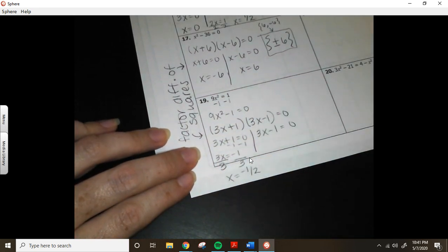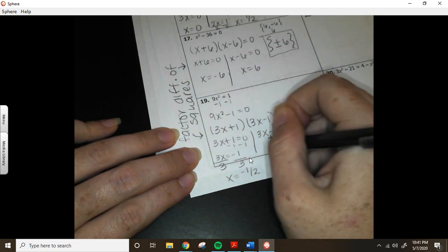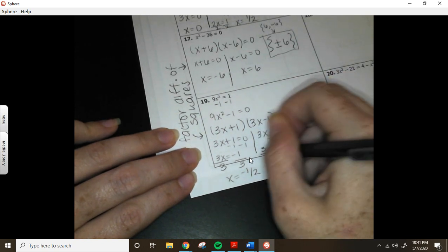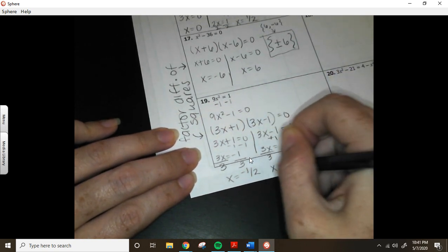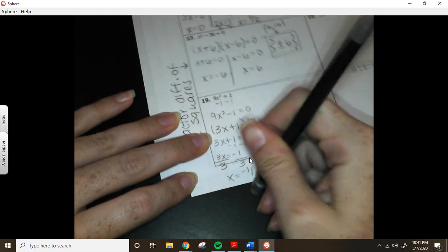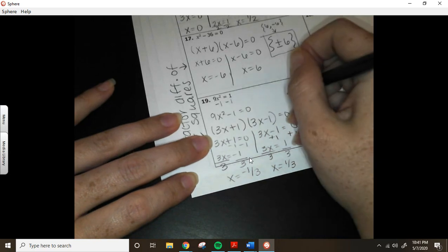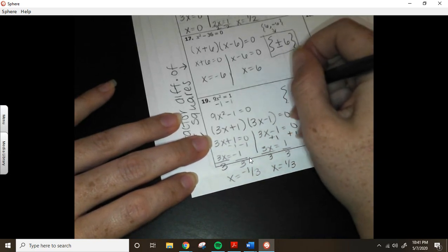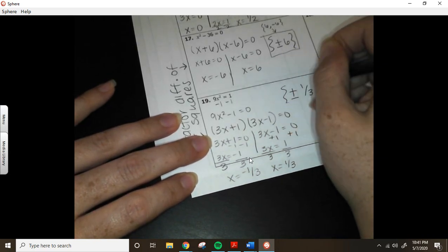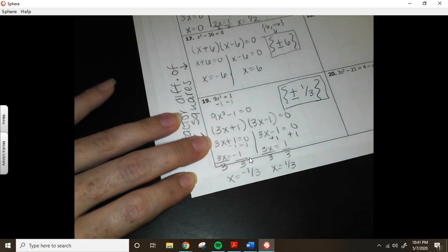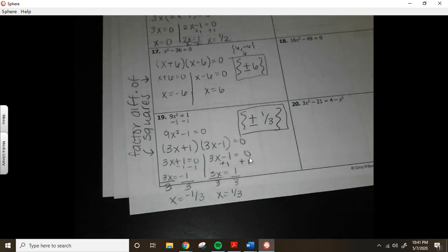So what do you think the other one's going to be? Positive 1/3. Oops, I put 1/2. Christian, I saw it, don't worry. So x, or our answers, are positive and negative 1/3. And that's factoring. That's solving by factoring.